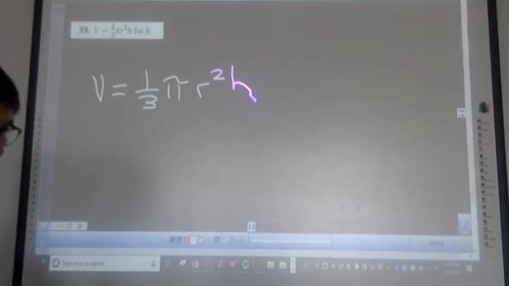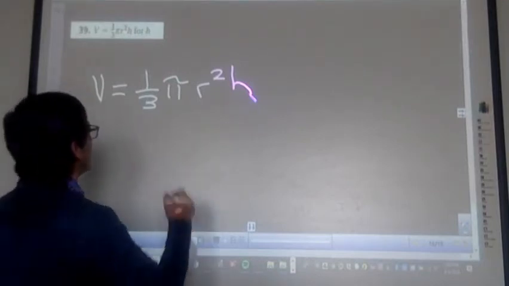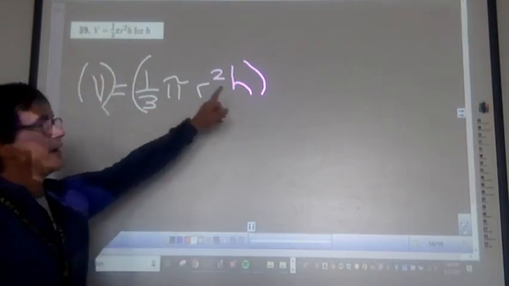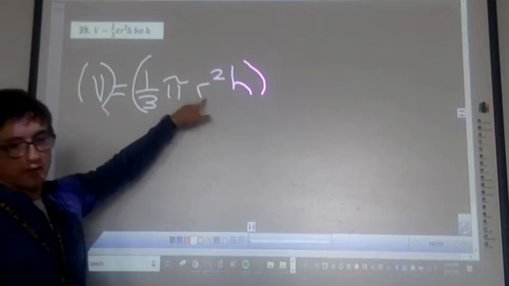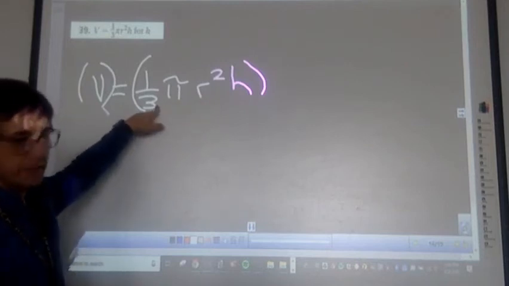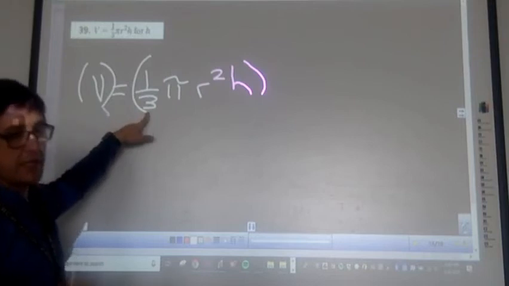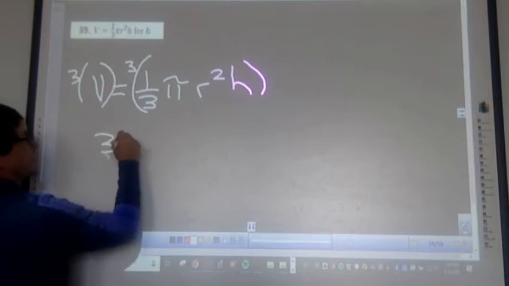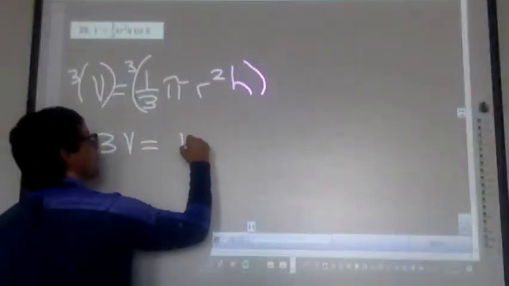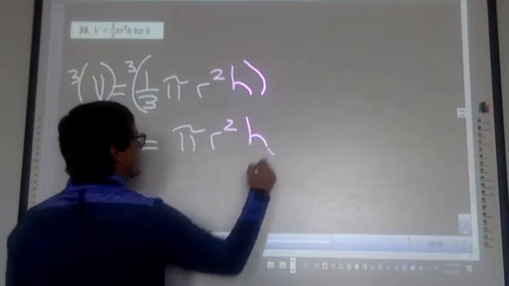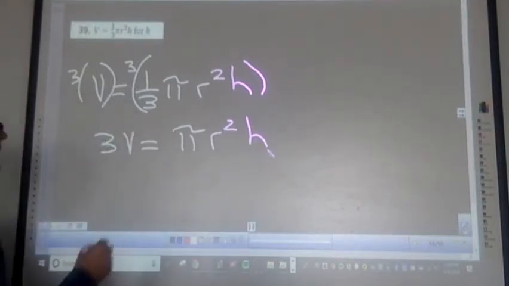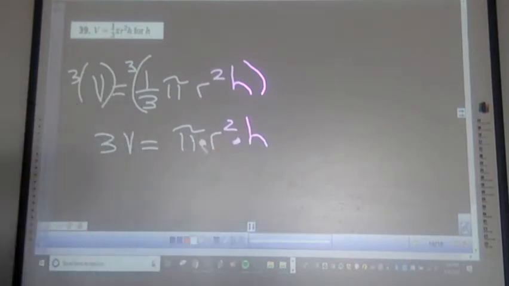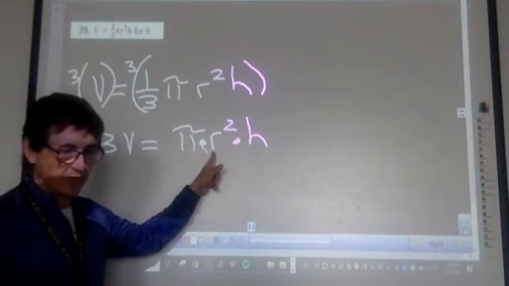You want me to do it? I'll do it. So I want to solve for the H, so I got to get rid of R squared pi and the 1/3. So the opposite of 1 divided by 3 is times 3. So on the left side, I'll get 3V equals pi R squared H. And then these are all multiplication here, so I can divide by pi and R squared.